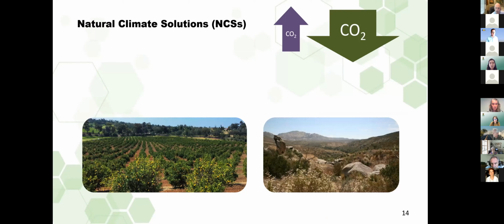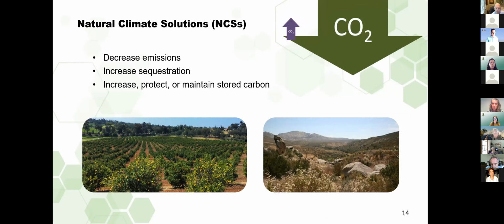Natural climate solutions are land management strategies and other actions in natural and working lands, as well as in urban and built environments that decrease the greenhouse gas emissions from plants and soils and or increase sequestration in plants and soils. Additionally, most natural climate solutions also increase, protect, or maintain naturally stored carbon in plants and soils.